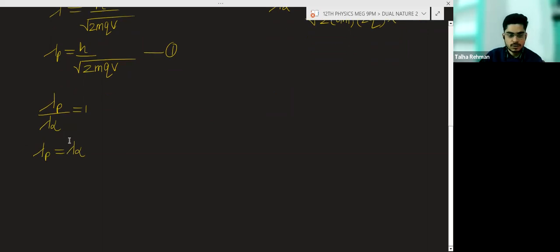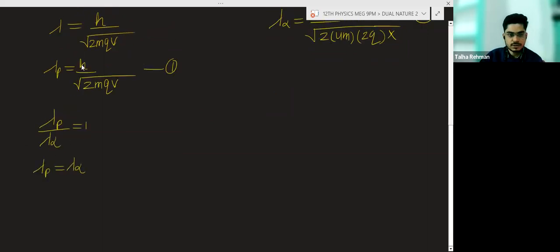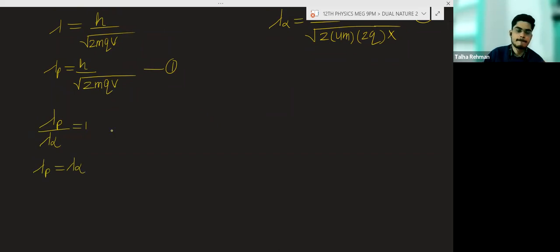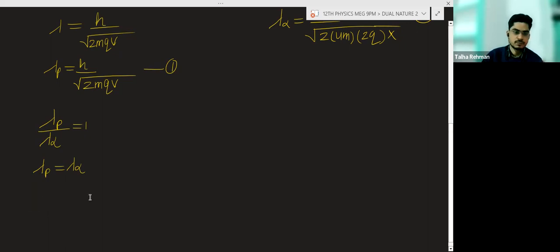Okay. So what is lambda p? Lambda p is h upon under root 2mqv. This is equal to lambda alpha.